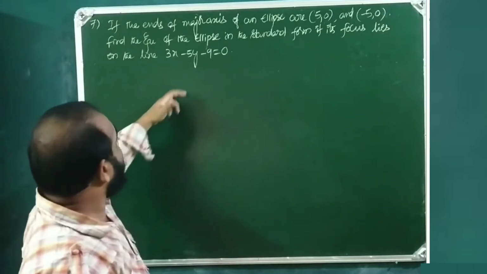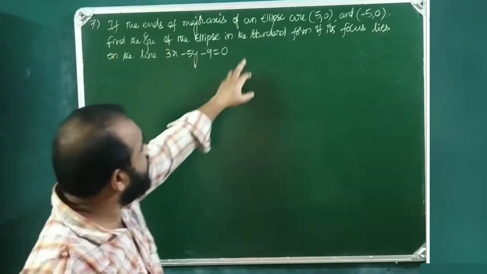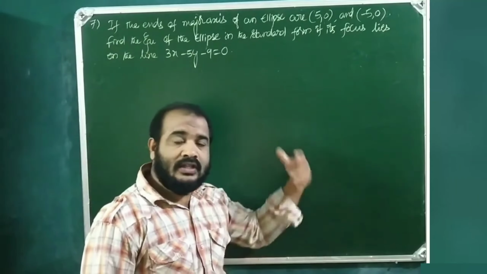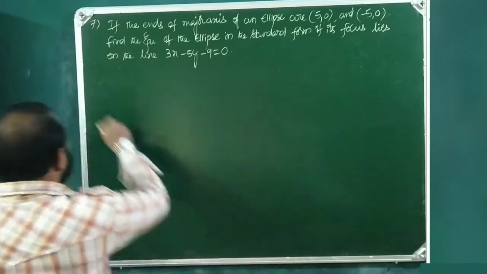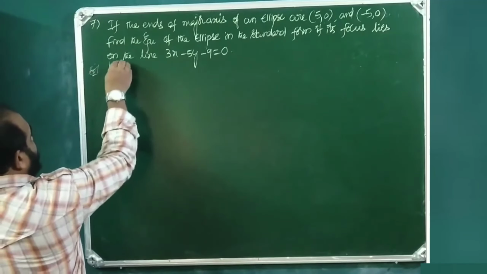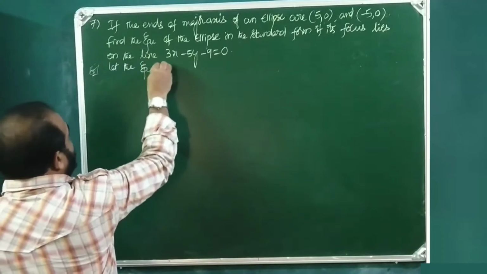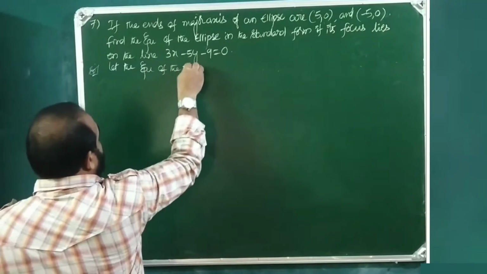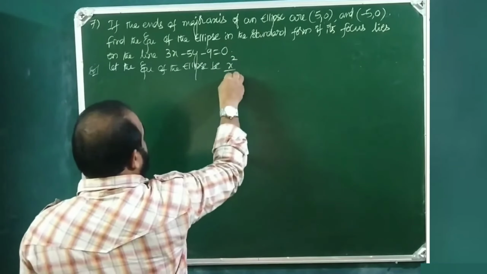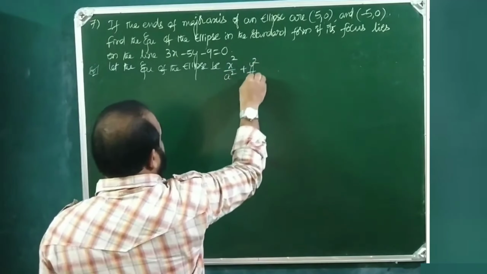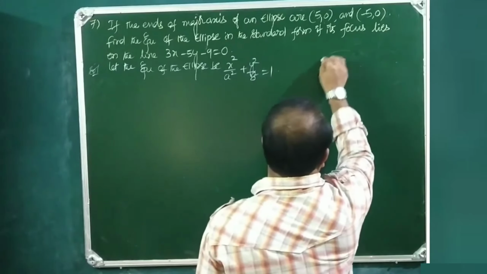And since he is asking for the equation of the ellipse in its standard form, the center is obviously at the origin. Let the equation of the ellipse be x square by a square plus y square by b square equals 1.